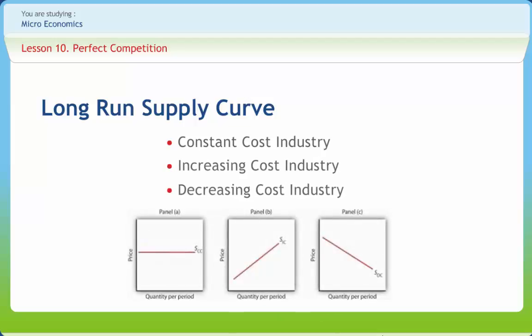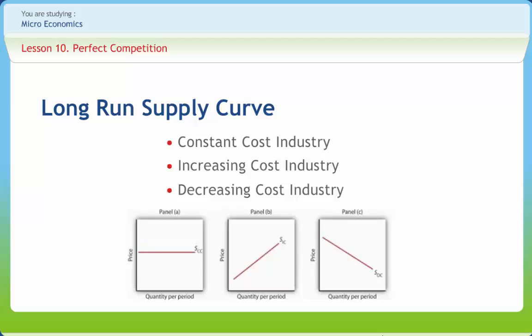A constant cost industry is where long-run supply is constant and horizontal, as in panel A, where SSC shows the supply curve at constant cost. Input prices are constant and the long-run average cost for firms does not rise or fall.